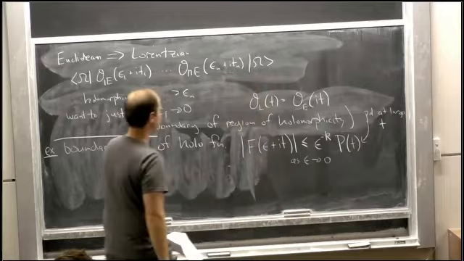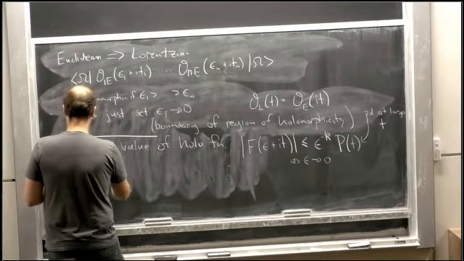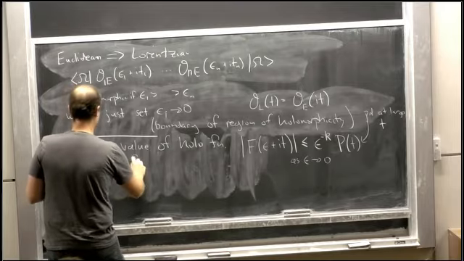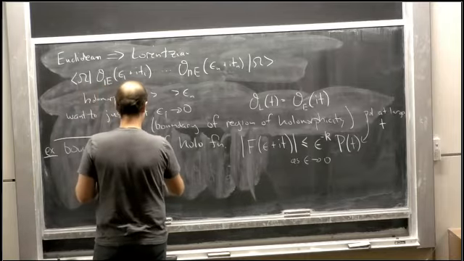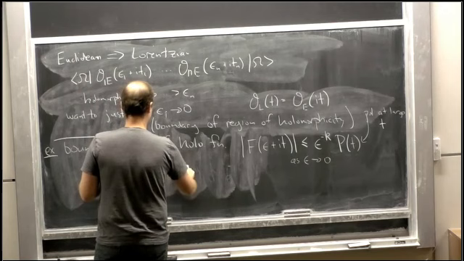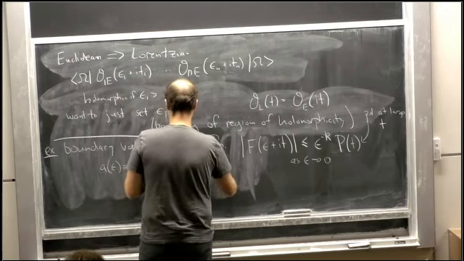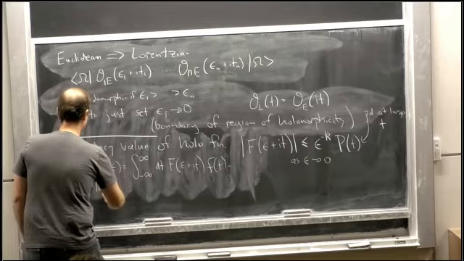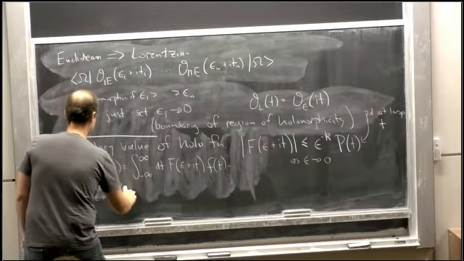Okay. And the claim then is that if we study A of epsilon, which is the integral of this holomorphic function, f of epsilon plus i times t, times the test function of t, then A of epsilon has a beautifully finite limit as epsilon goes to 0.